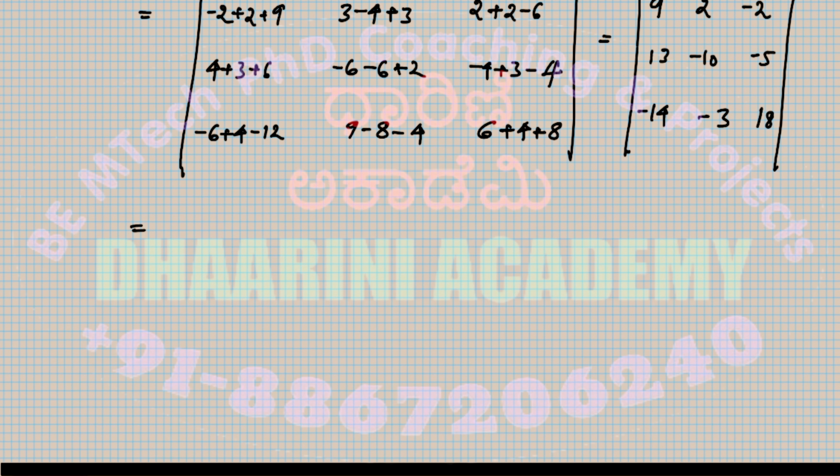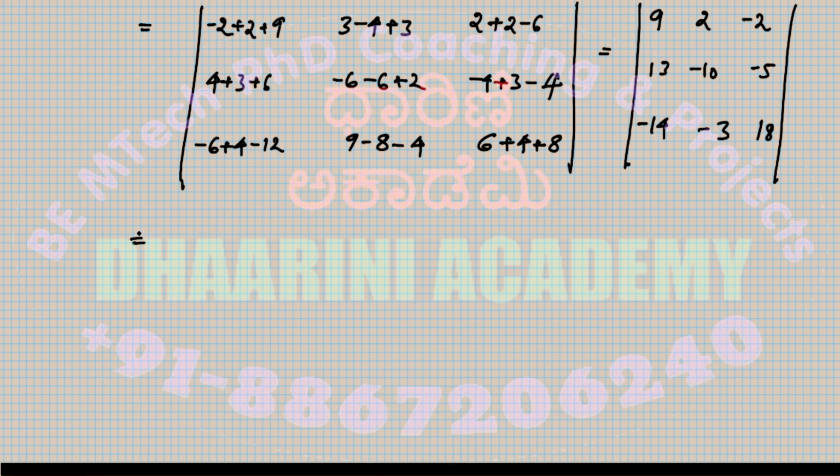Let us try to apply row and column operations to this first. Let's perform C1 equals C1 plus C3, and C2 equals C2 plus C3.